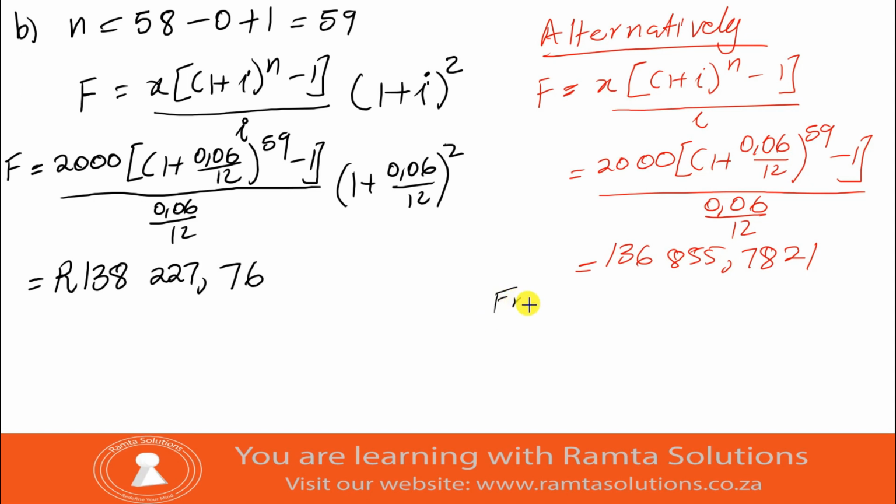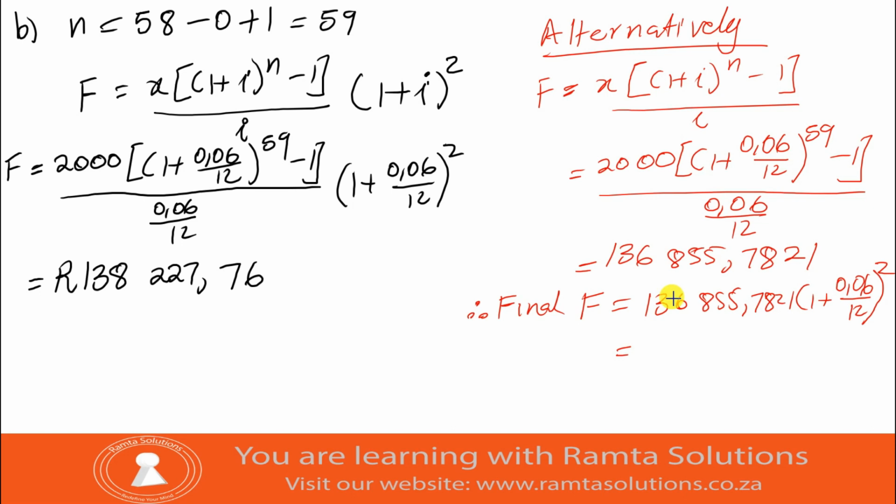Therefore, your final future value is 136,855.7821 into 1 plus 0.06 over 12 to the power 2.